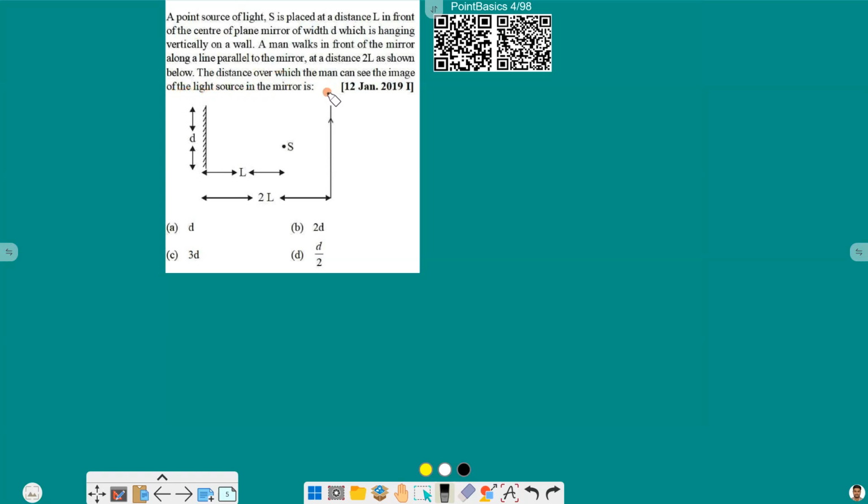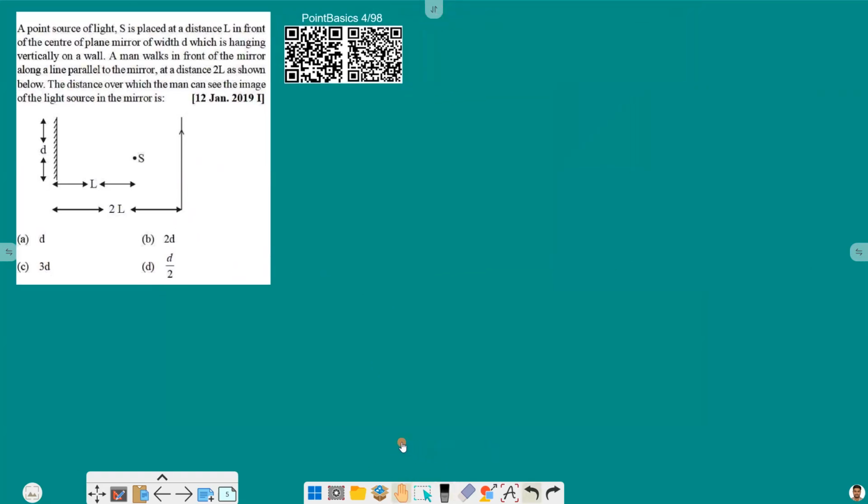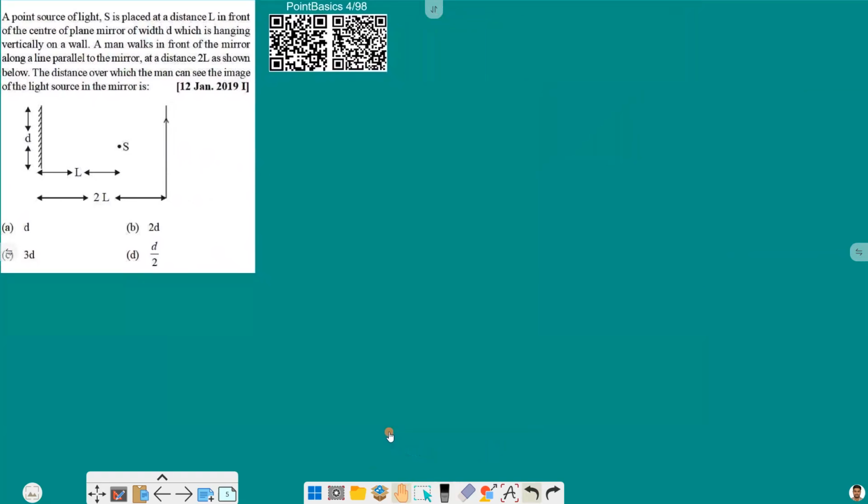So we have to find out up to which distance on this line he can see the image. Let us adjust it slightly. Suppose this is the mirror, here is the source, and this is the line on which the person is walking.